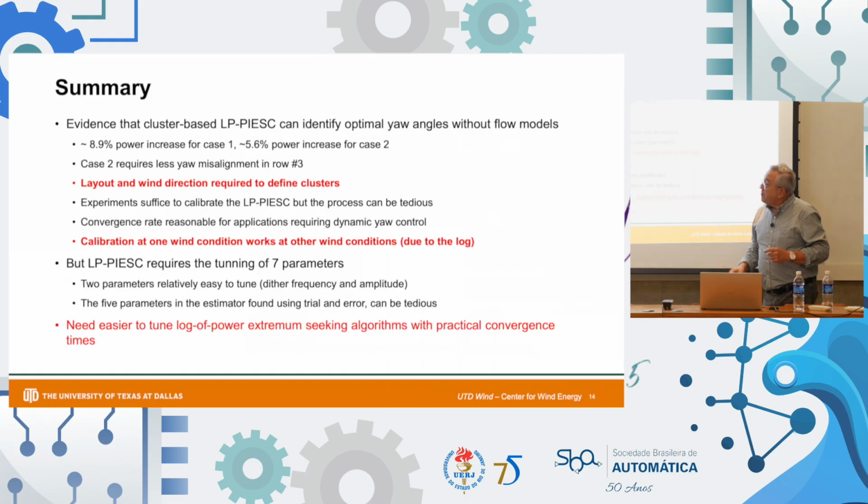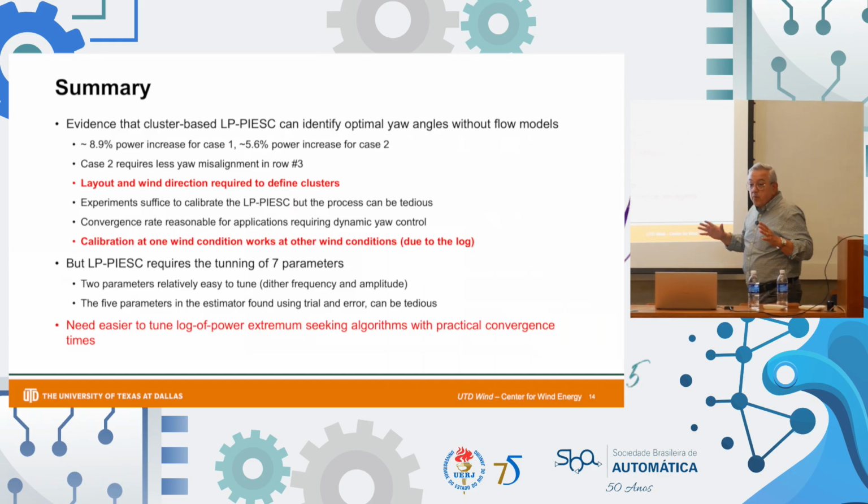So in summary, for this part, what we have shown is evidence, and again, I use the word evidence because it's not a proof, but evidence that the cluster-based LPF-ESC can find optimal yaw angles without flow models. Power increases are quite good, and I don't think they are realizable in the field.